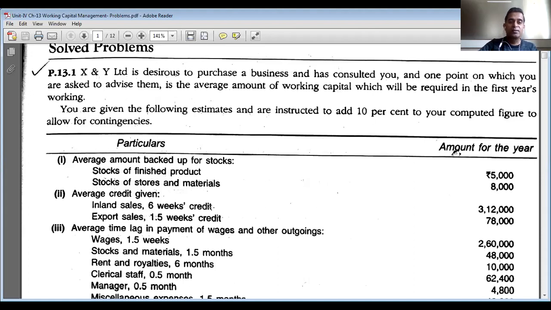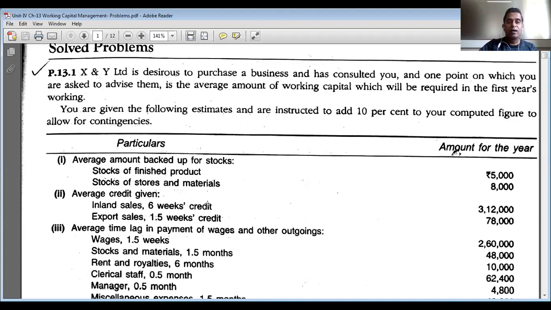So the company sells its goods to buyers or wholesalers on credit basis, and the credit term given to buyers within the country is 6 weeks. Then the credit period given to customers in other countries is 1.5 weeks.